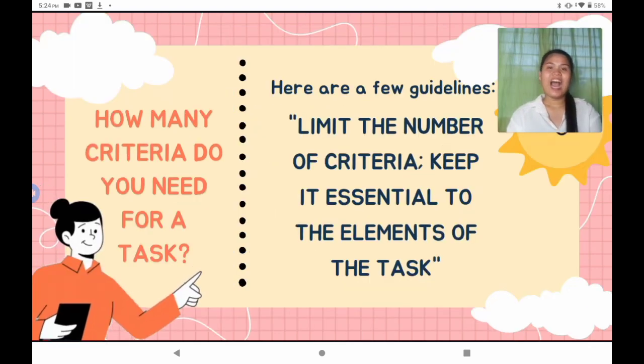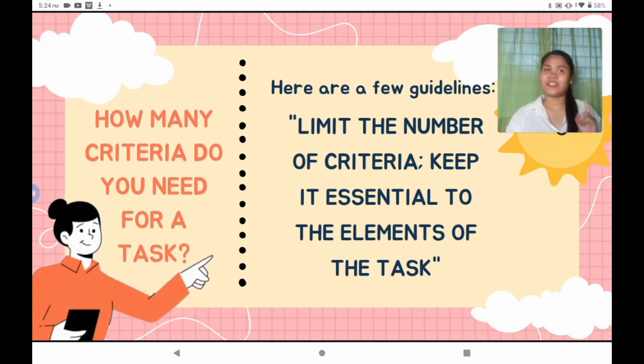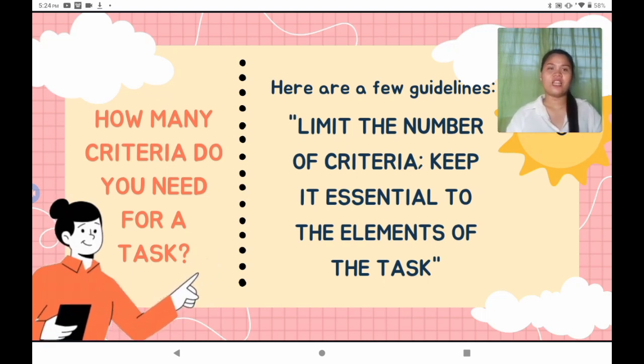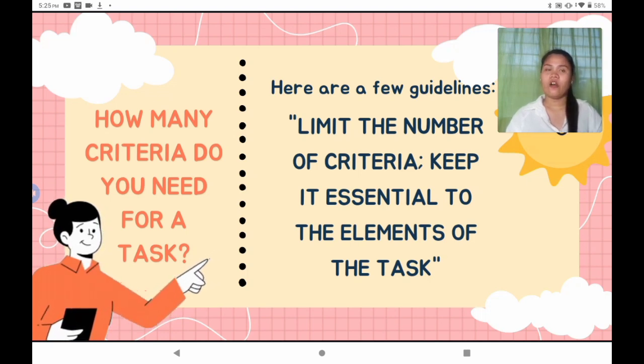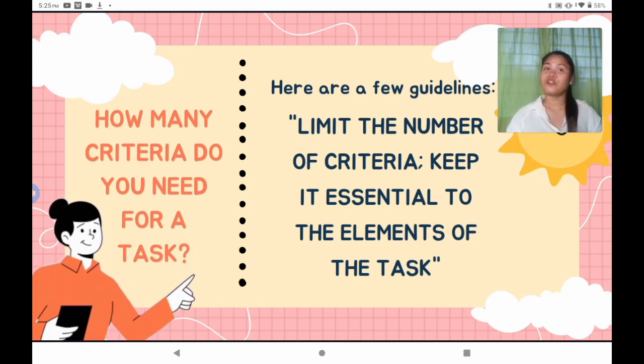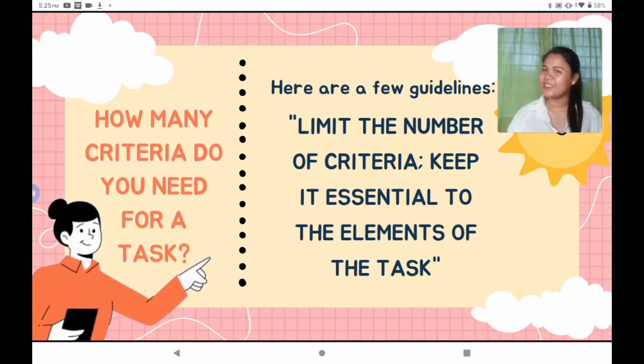Okay, how many criteria do you need for a task? That is the question that we need to answer as we go along in my report. So, future educators, in making assessment, is it possible to use one criterion, or is it possible to use two or more criteria? What is your opinion about that?